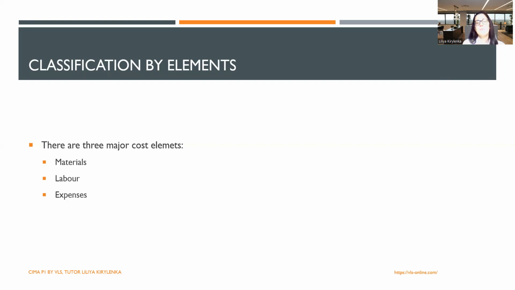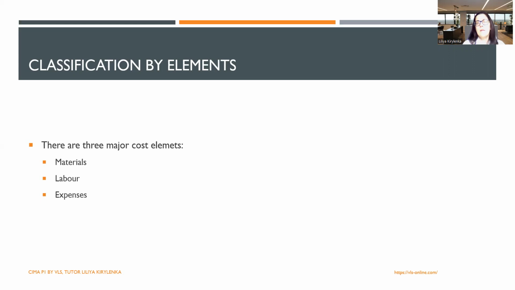Okay, this is like a major cost classification, and of course we can go even further. For example, we can subclassify materials into raw materials, into components, which means that they are complete parts that are used in the manufacturing process, which means that they do not require, let's say, some bending or cutting.